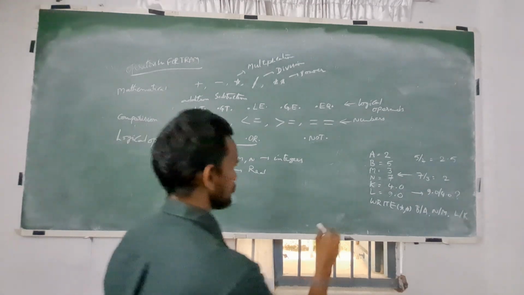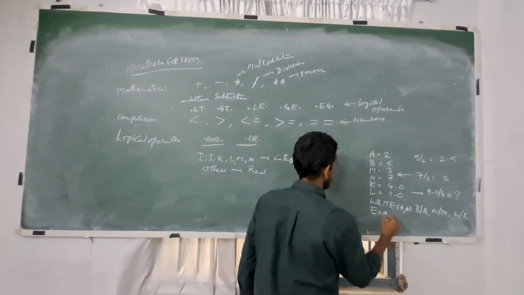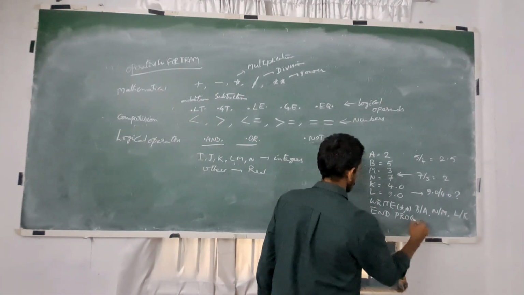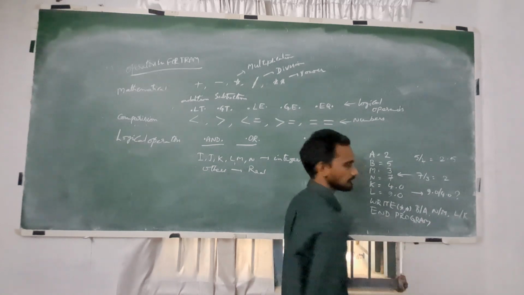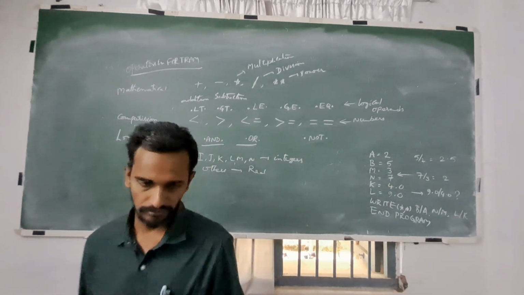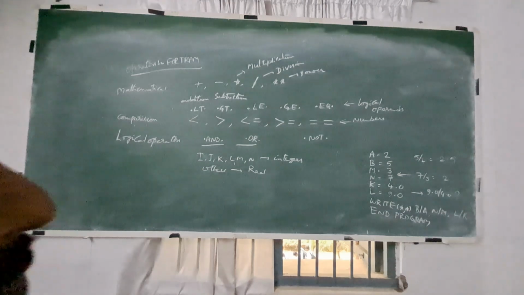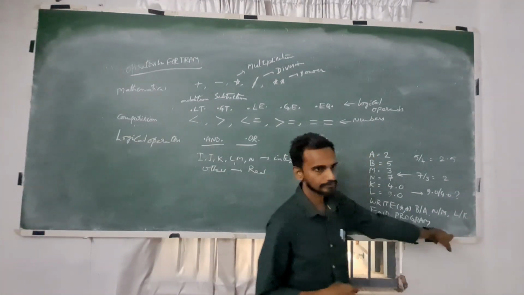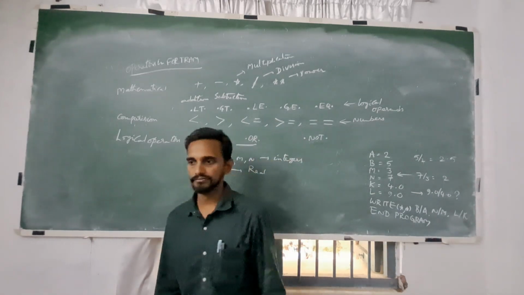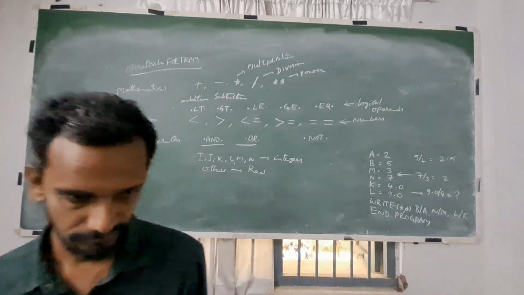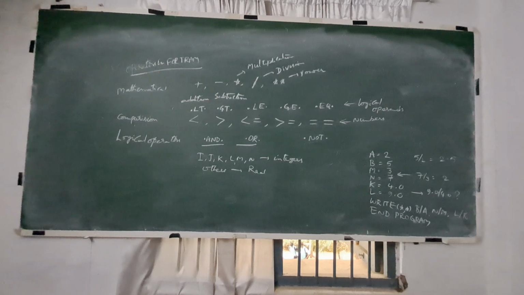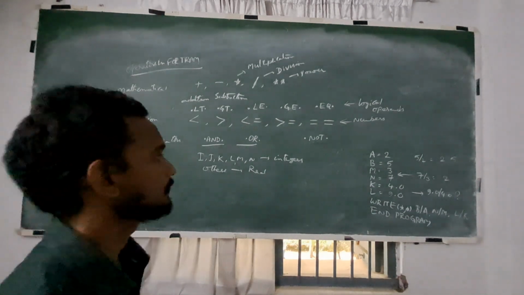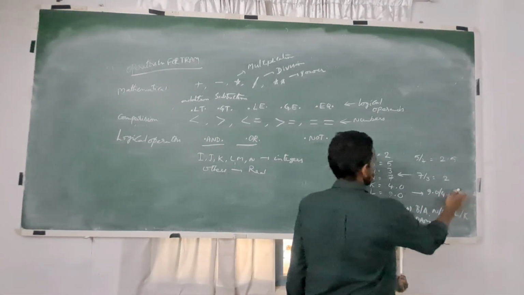So you have to use end program. When you are not giving any name to the program, you don't need to specify any name here. So here the output is 2.